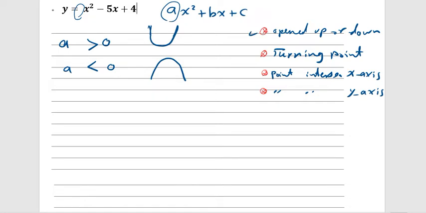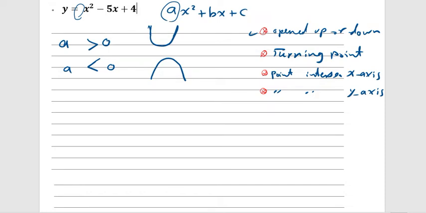For the turning point, we have to work on this expression, x power 2 minus 5x plus 4. It's better to solve by completing the square. If it can be solved by factorizing, it's okay, but not all questions can be solved by factorizing, so it's better to complete the square.